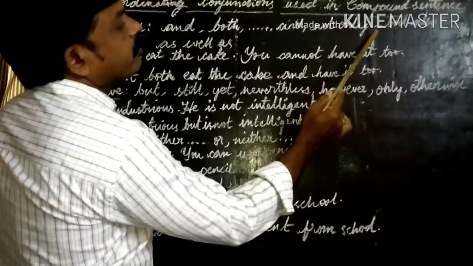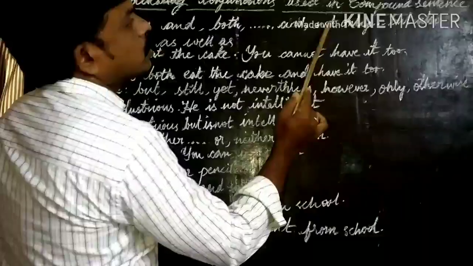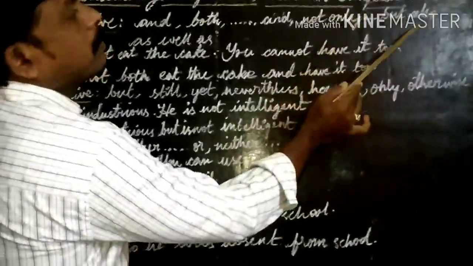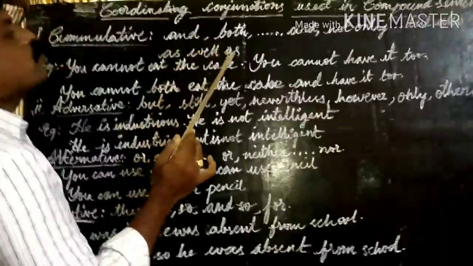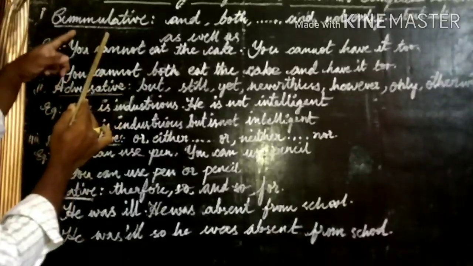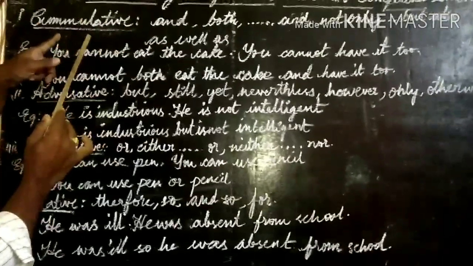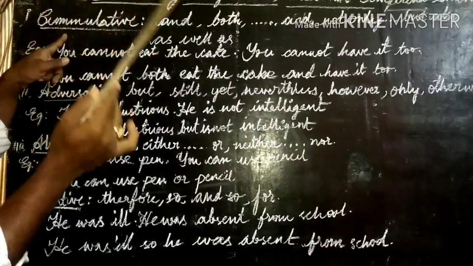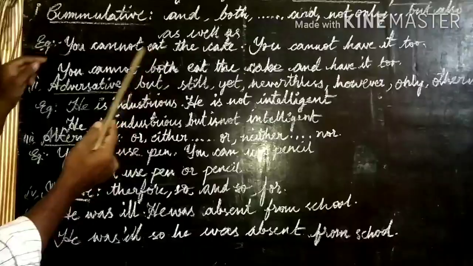Here the hyphenated conjunctions together are considered to be one conjunction, not only but also, as well as. This cumulative conjunction is used to add one sentence with the other.